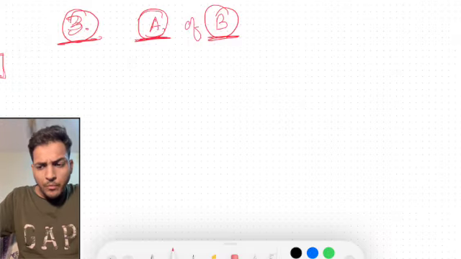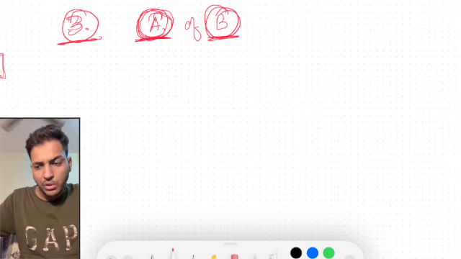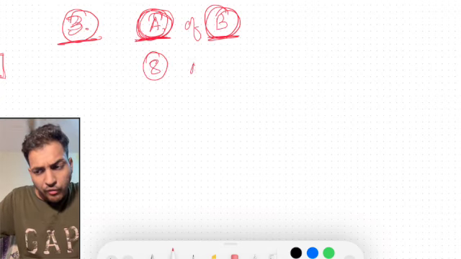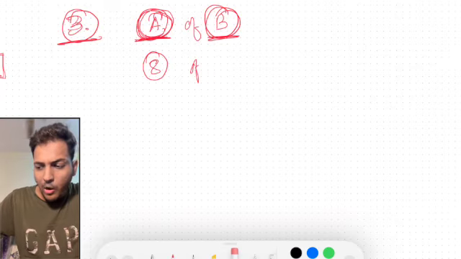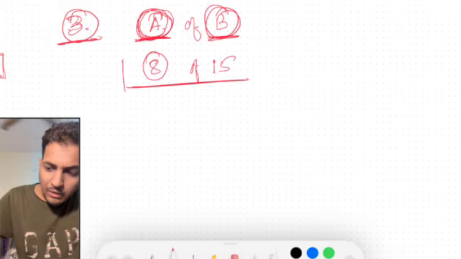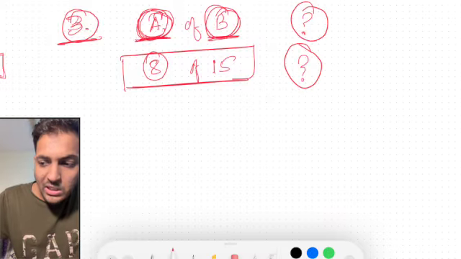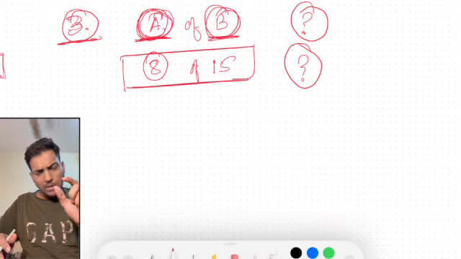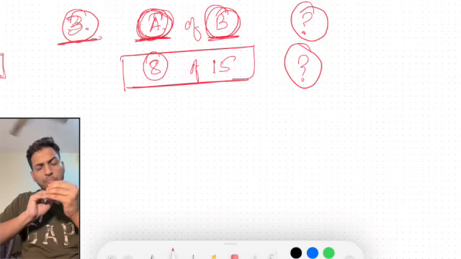Now I am giving you two numbers, A and B, and asking what percent is A of B. Suppose I take two numbers: what percent is 8 of 15? They are now asking for the percentage.